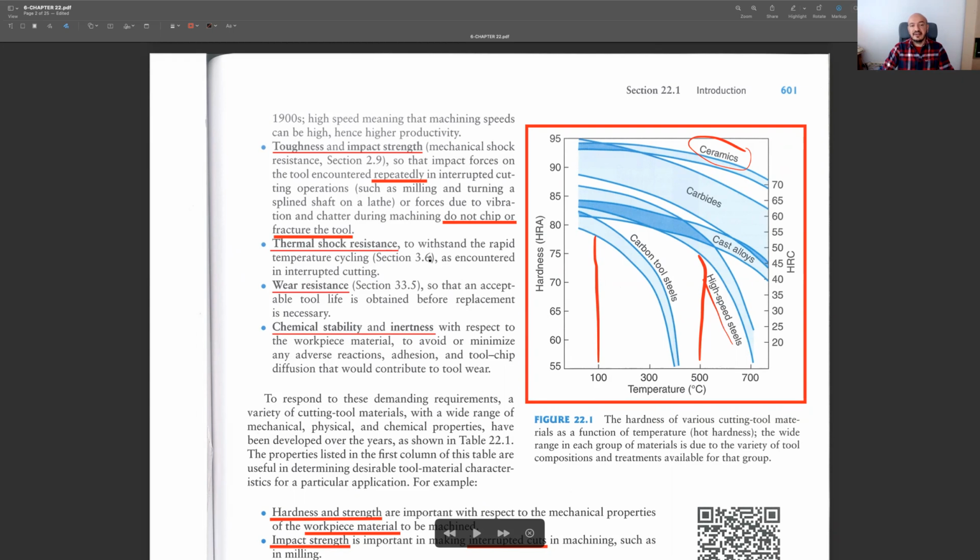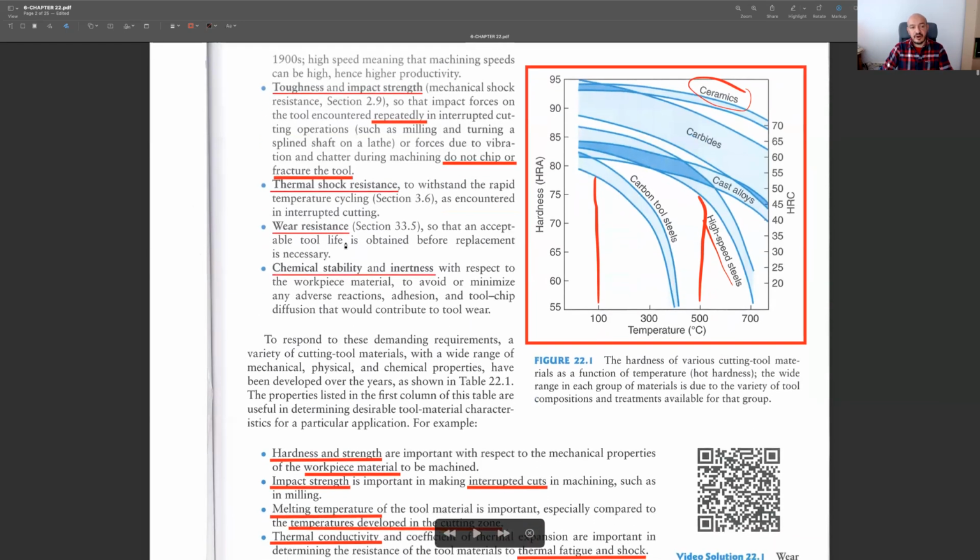So during this temperature cycling, the properties of our cutting tool material shouldn't be affected, and this is called thermal shock resistance. Another thing we want, somehow related with hardness, is wear resistance, which means that it's quite difficult to remove material from the surfaces of our cutting tool material. It's highly related with the hardness.